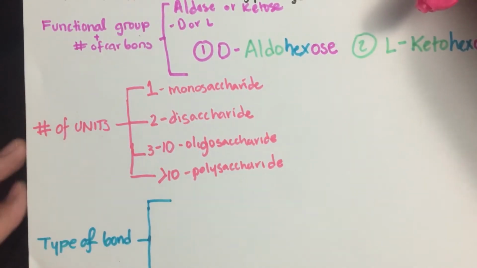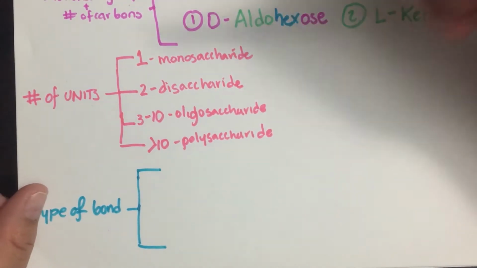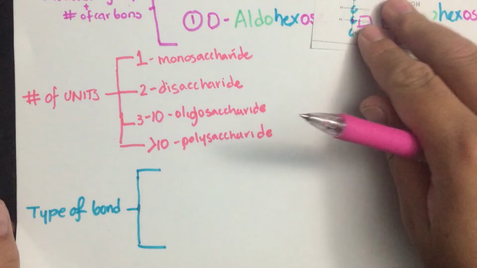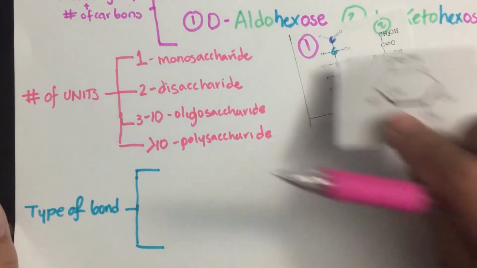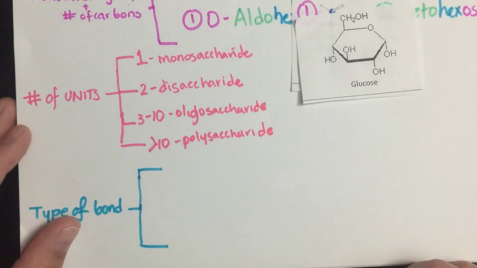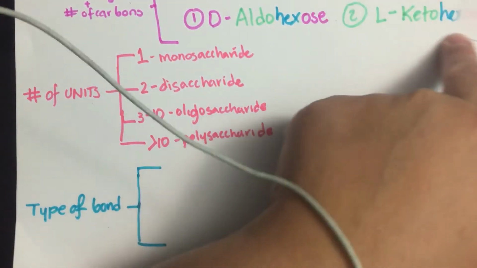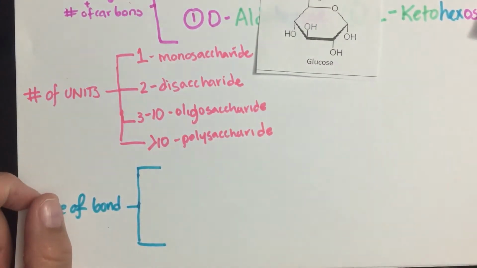Alrighty, then we have number of units. What is that classification about? One unit refers to one of these, but in the closed structure. When these are closed, they look something like this, hexagons or pentagons. One unit by itself is a monosaccharide.